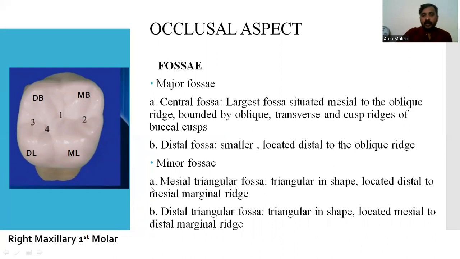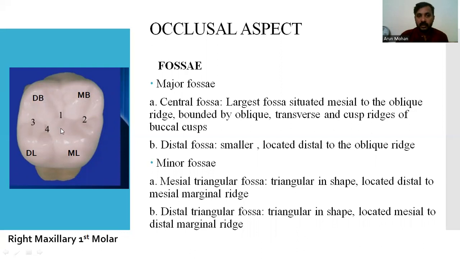Coming to the fossae on the maxillary first molar, there are two major fossae and two minor fossae on the occlusal aspect of the tooth. The two major fossae, first being the central fossa, which is marked here as 1. It's the largest fossa, situated mesial to the oblique ridge.